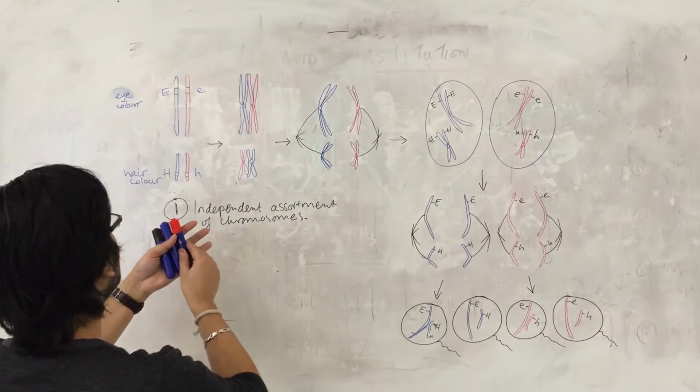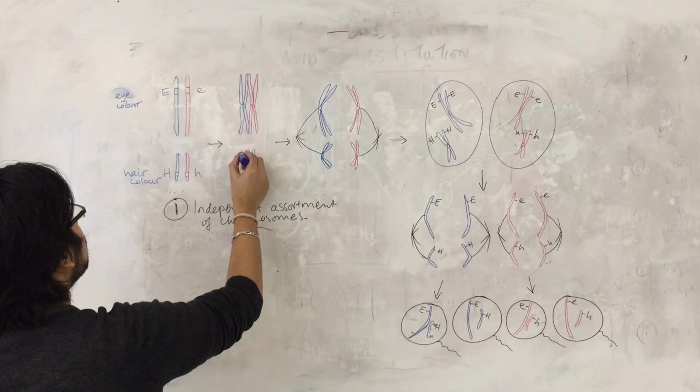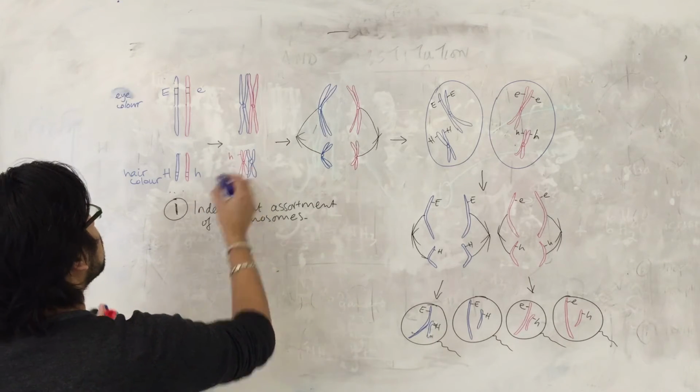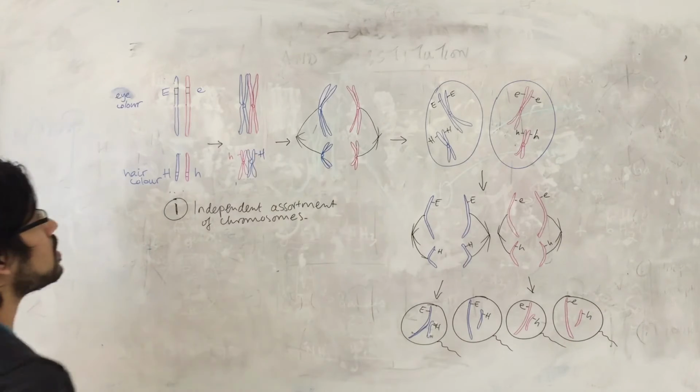So in this case, we would have ended up with our H here and our capital H on this side.